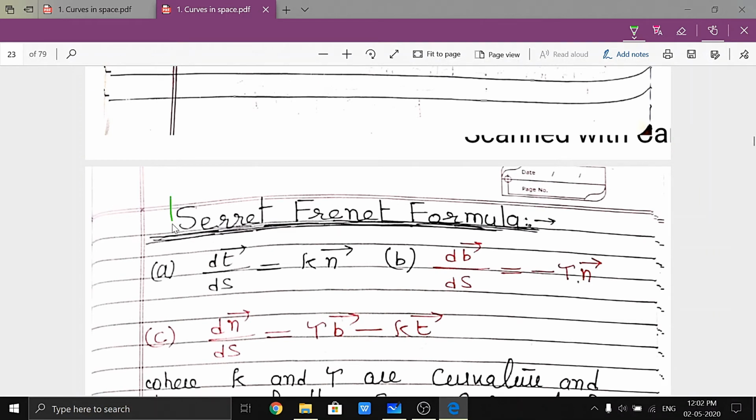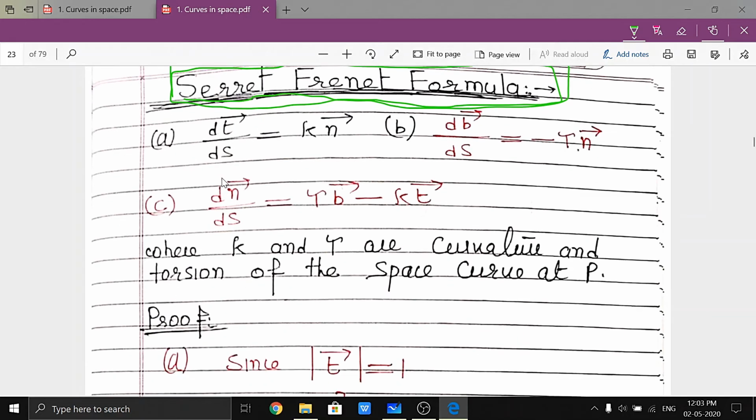Now this is the Serret-Frenet formula. This is a very important result, and the entire differential geometry is built on the basis of this result. So what is the result? dT by ds is equal to kappa N, and now it is a vector quantity. dB by ds is equal to minus tau N, right?